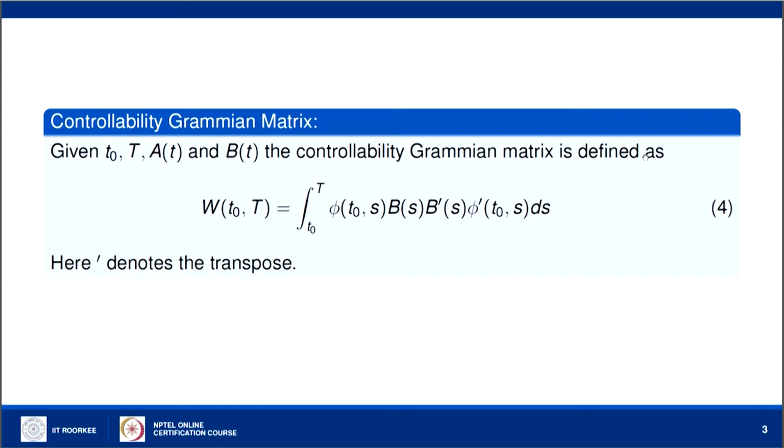First we define the controllability Gramian matrix, which is defined, for the given values T0, T and these two matrices, by the expression W(T0, T) equal to the integral from T0 to T of phi of T0, S, B(S), B transpose(S), phi transpose T0, S ds.